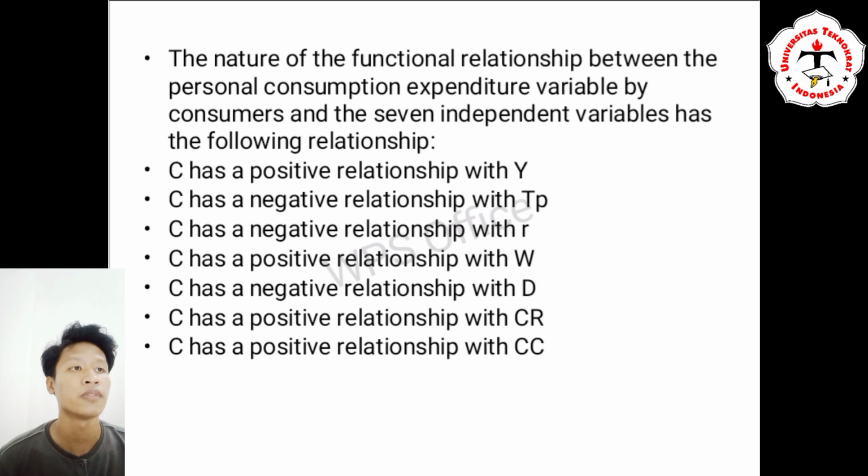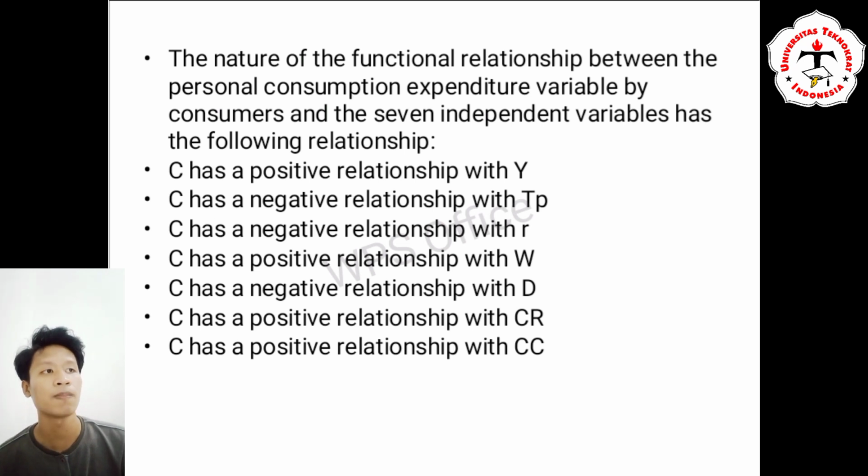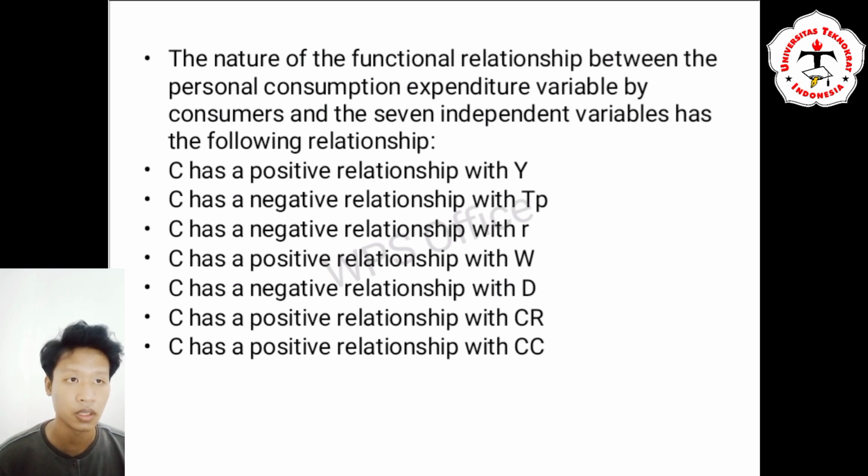The nature of the functional relationship between the consumption expenditure variable by consumers and the 7 independent variables has the following relationship. C has a positive relationship with Y. C has a negative relationship with TP.